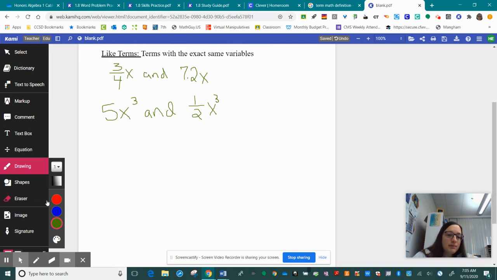So let's do some examples here. I'm going to be writing out these examples just because the exponents are easier to draw on here. You with your pencil in the notebook, easy. So let's do an example.